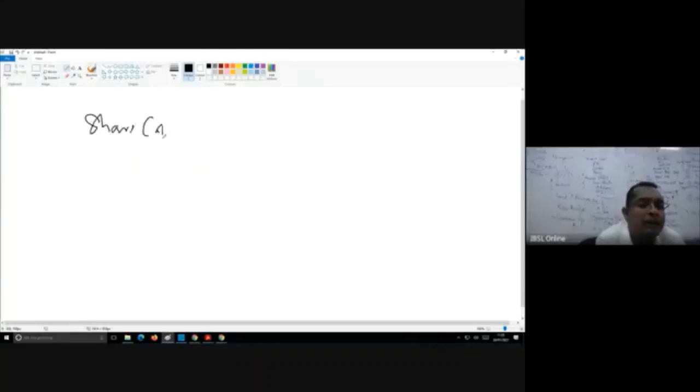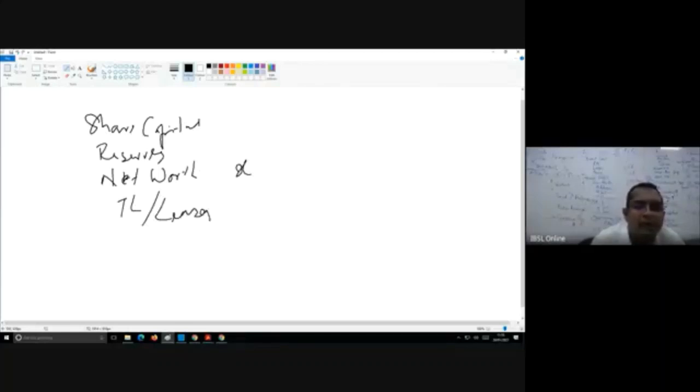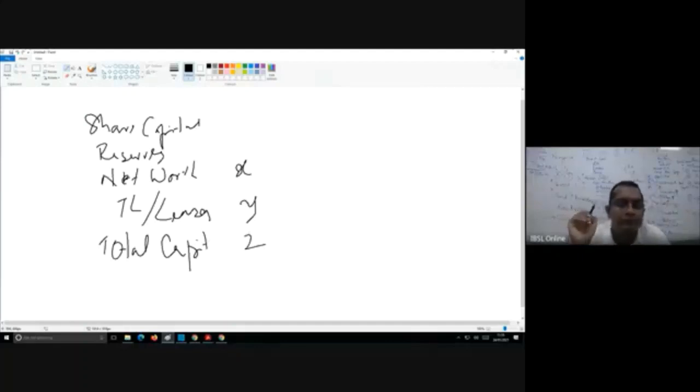Share capital, reserves, net worth, but this is X. Term loan leases, this is Y. Total capital, this is asset, right?